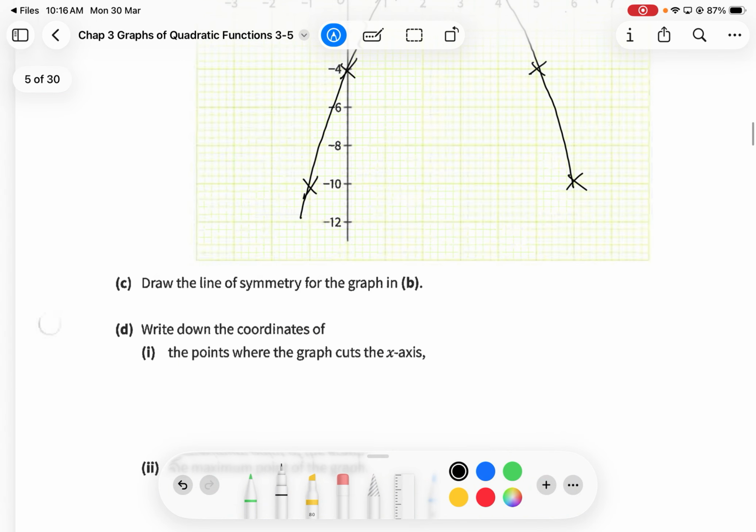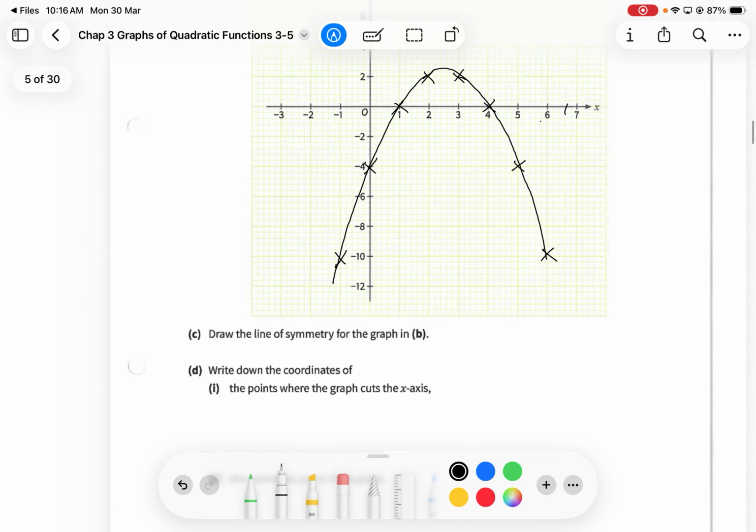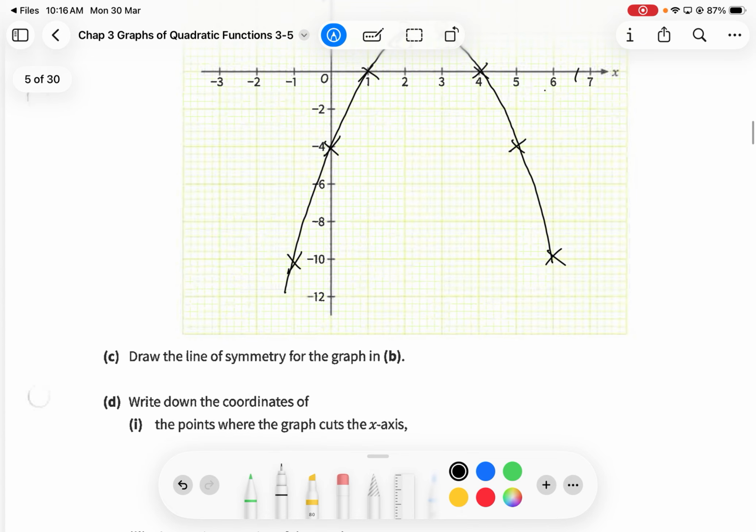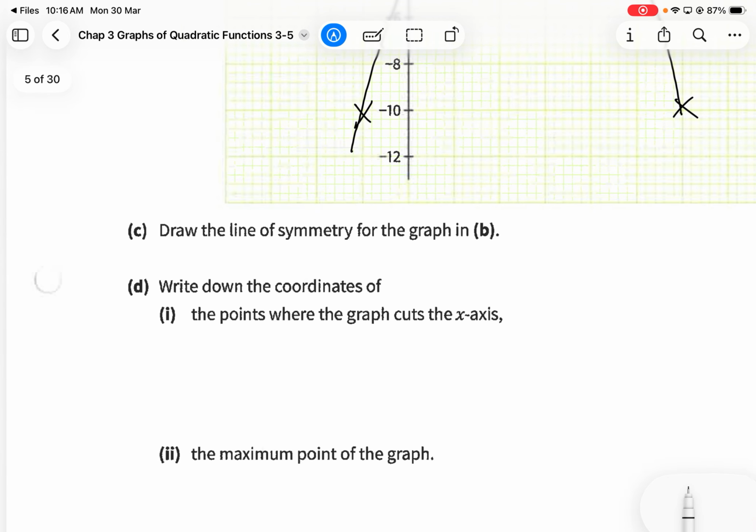Okay, then for question 2, y'all can answer the questions. Try. Draw the line of symmetry. Then write down the points where the graph cuts the x-axis. They are showing you the different way of asking. So this one is also asking you where are the x-intercepts.